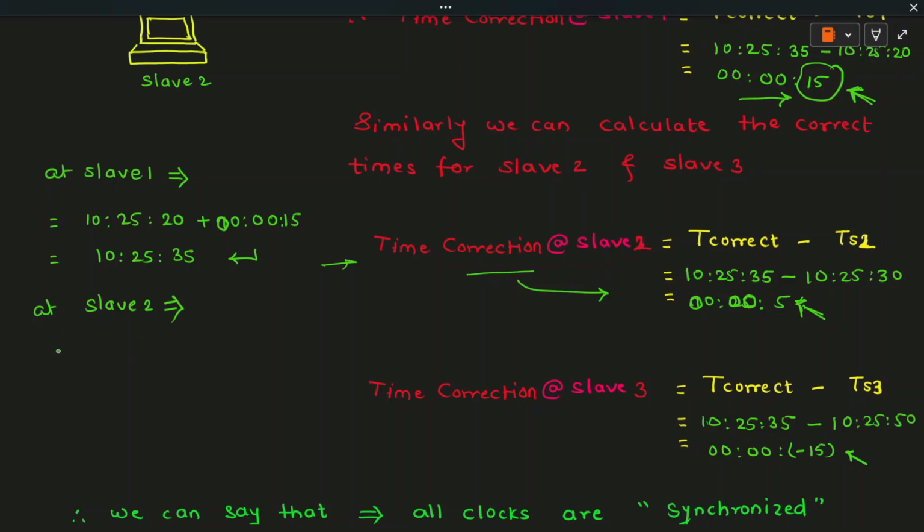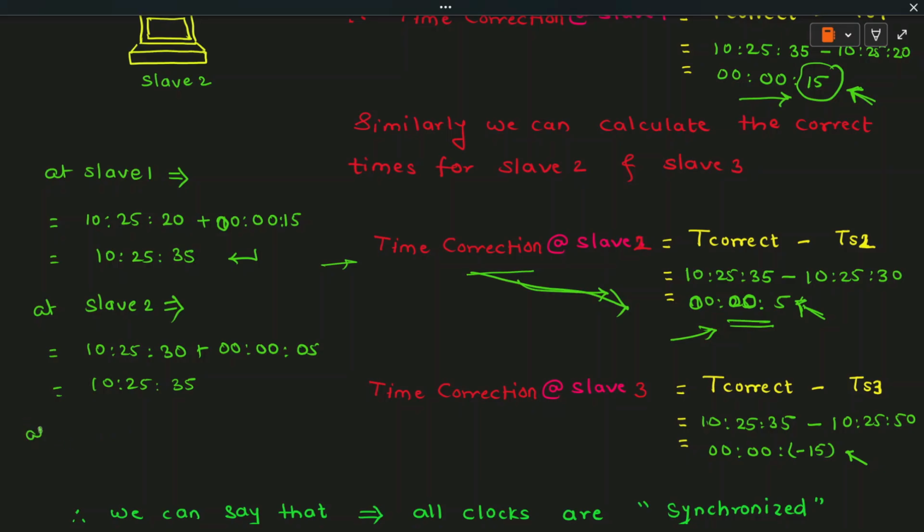The corrected time at slave 2 we will calculate. At slave 2, the earlier time was 10 hours 25 minutes 30 seconds, and then we are going to add this correction factor, 0 hours 0 minutes and 5 seconds. So the time will become 10 hours 25 minutes 35 seconds.